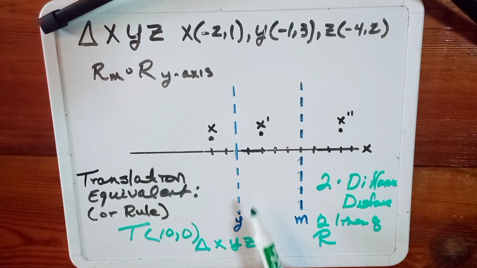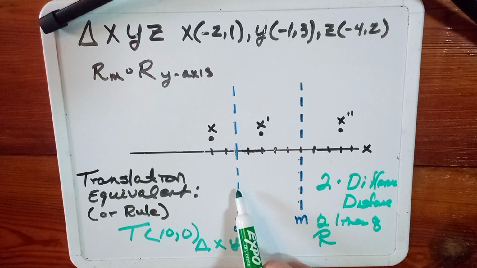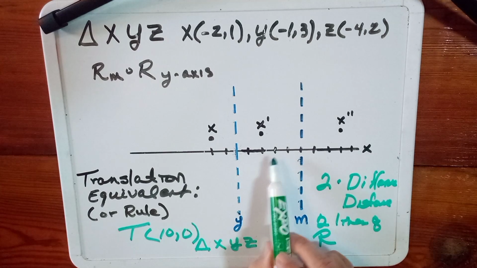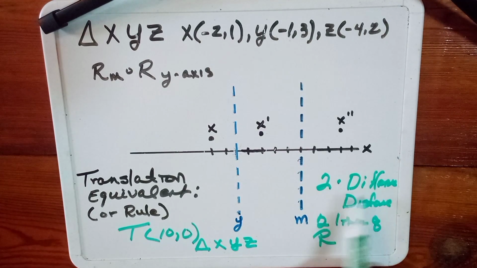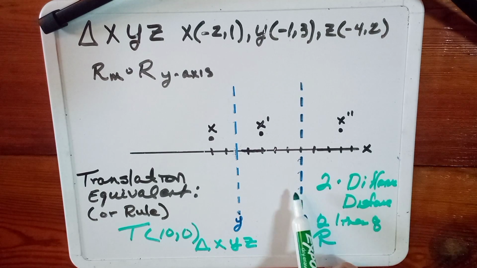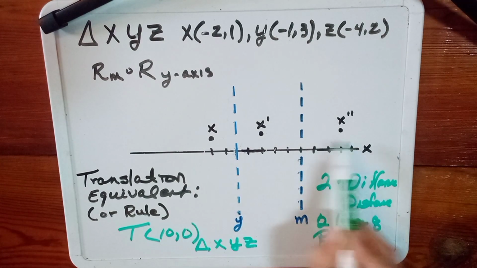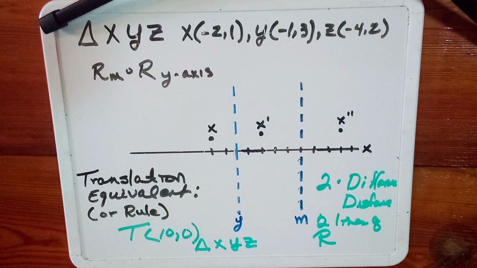In this case, here's my first line of reflection, here's my second, so it's 1, 2, 3, 4, 5. Well, 2 times 5, the difference in the 2 lines of reflection, is equal to the movement in x, and that's exactly what I came up with.